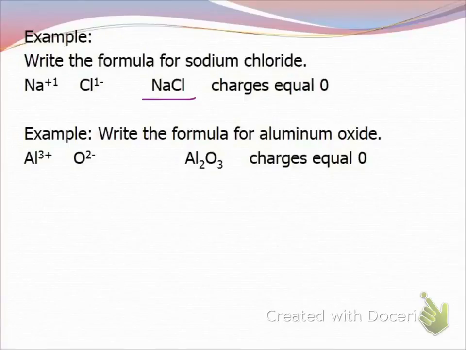Aluminum has a +3 charge. Oxygen has a -2 charge. So we have to figure out how those would go together. I would look at that and say I've got multiples of 3 and 2, so let's make it be +6 and -6. And so aluminum, I would need 2 of them, and oxygen, I would need 3 of them.